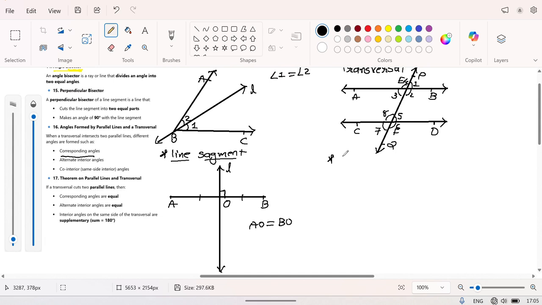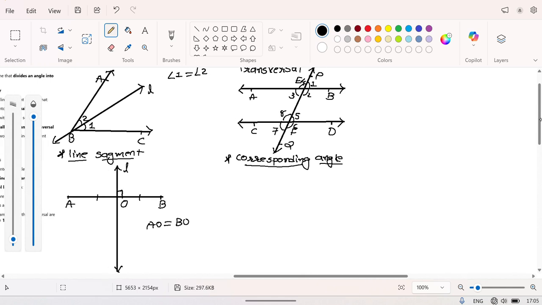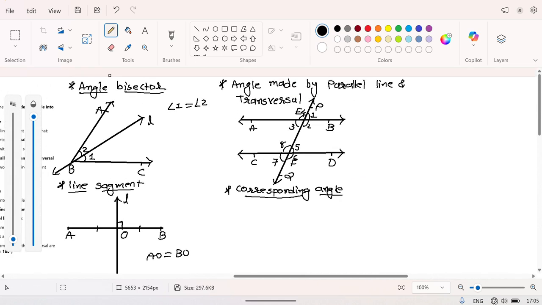So the corresponding angles are those pairs of angles which create an F shape.